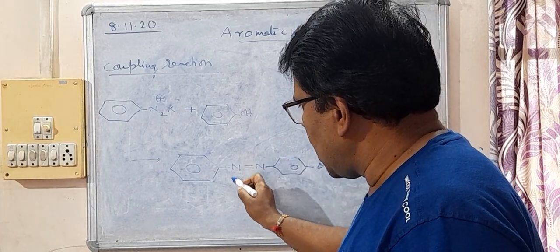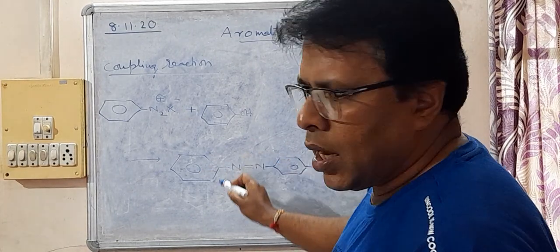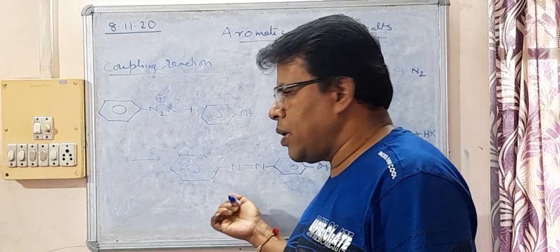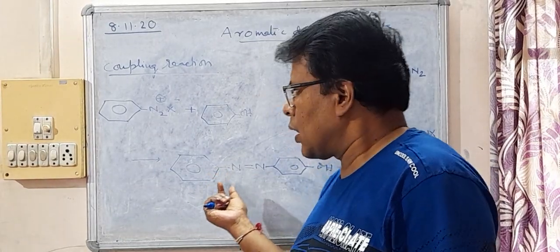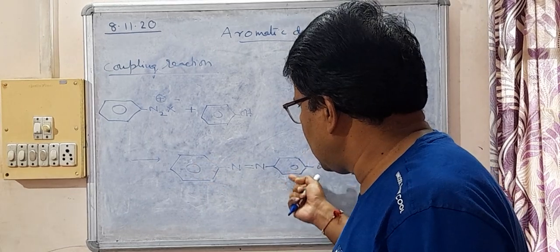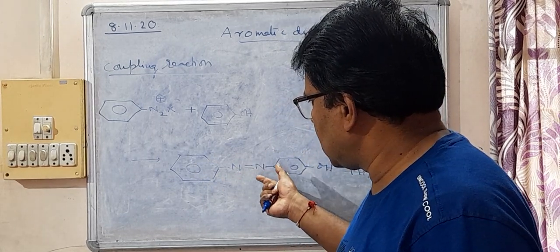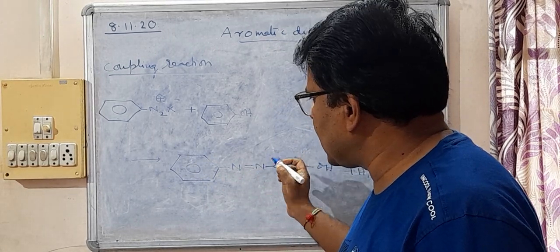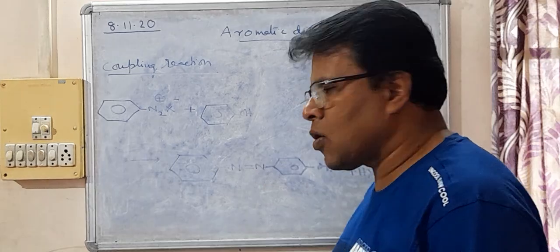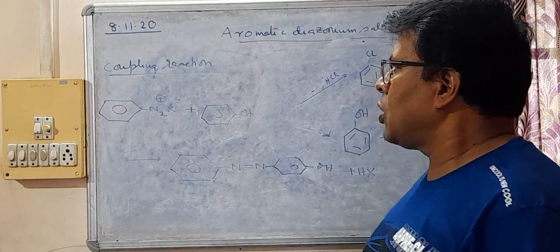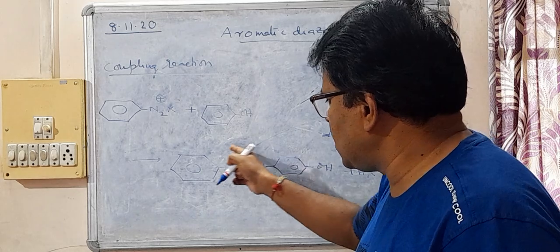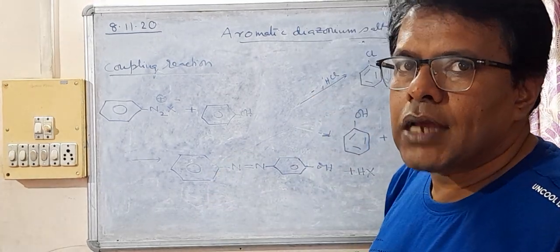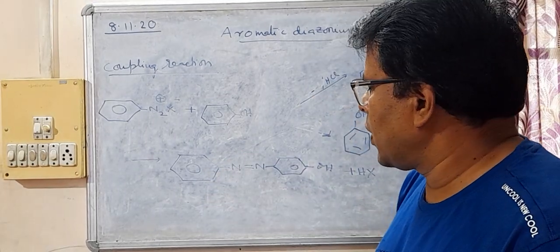This is an azo group, and this group brings a lot of color. This compound has intense color, and because of their intense color, these compounds are used for dyeing clothes.